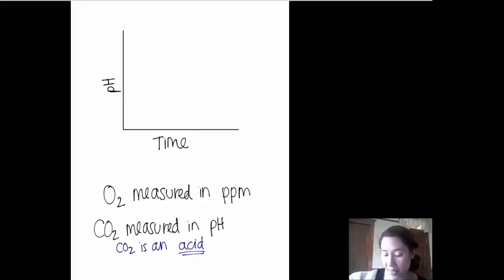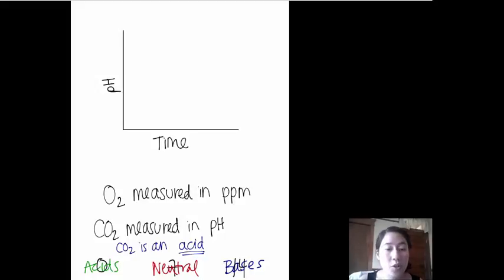We know that on the pH scale we have 0, 7, and 14. So 7 is neutral. That's what we expect pure water to be. The high end of pH, 14, are the bases, and the low end of pH are the acids.